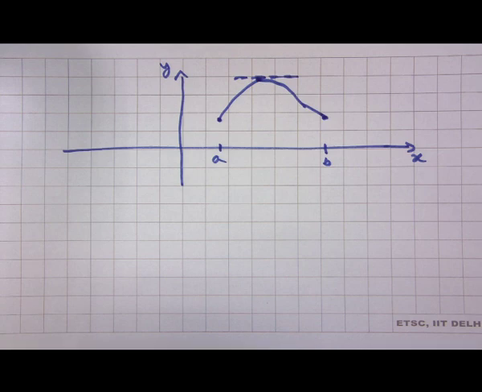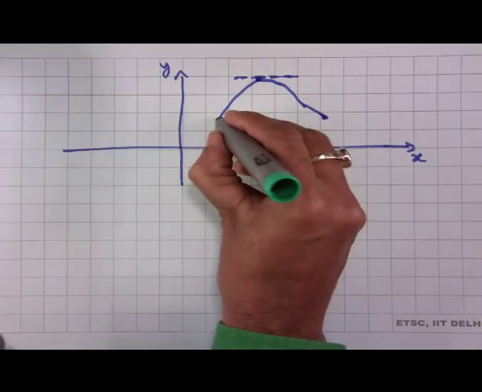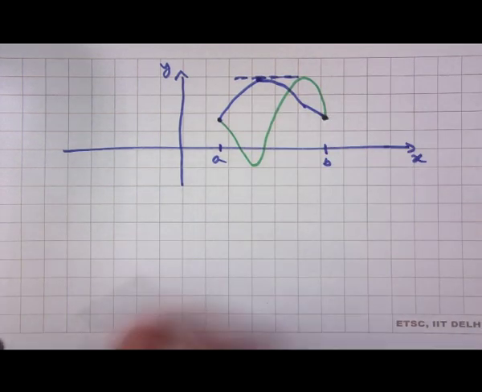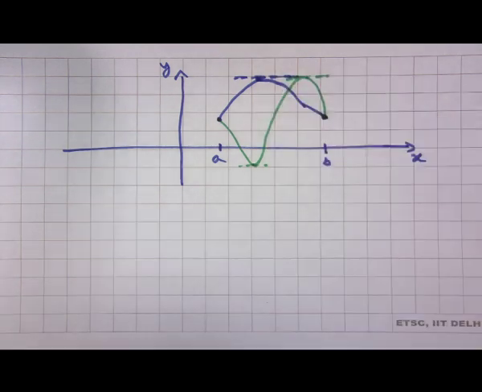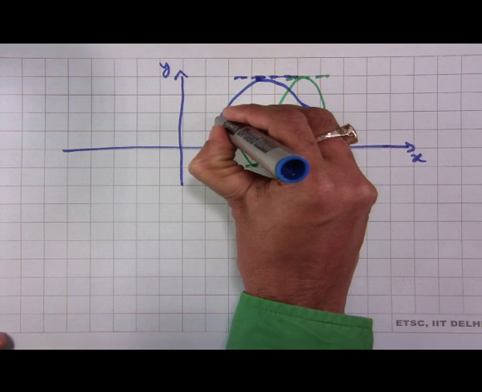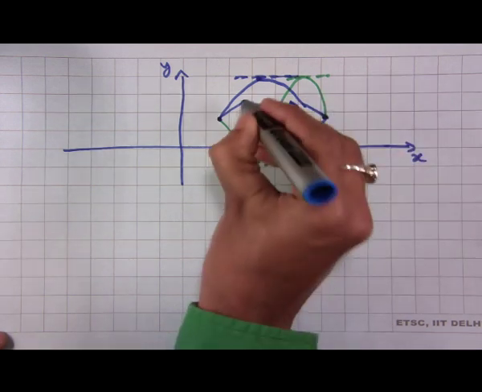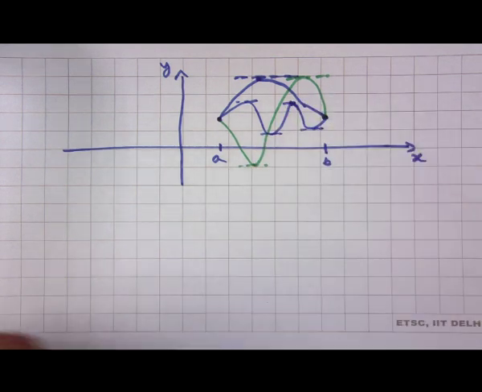Or it can go down like this and go up. In this case, there are 2 points where the derivative is 0. There can be more than 2 points as well. It can go up and down like this, and then there are all these points where the derivative is 0.